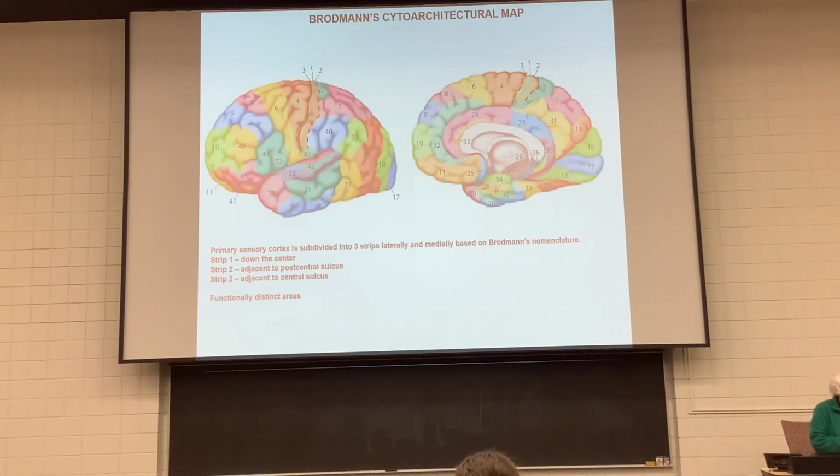Now I have to come back to our friend Brodmann. Remember, he was the neurologist, and he took little bits of the cortex from all over, and he measured the thickness of those 6 layers. Based on that thickness, he defined something like 52 different cytologically distinct areas.